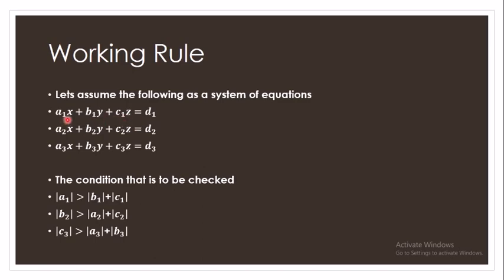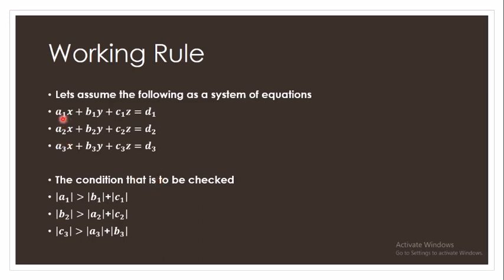Most probably, whenever you get a problem regarding the Jacobi method, the system of equations will be given in such a way that these conditions will be almost satisfied. If these conditions are satisfied, then you can go for the Jacobi method.